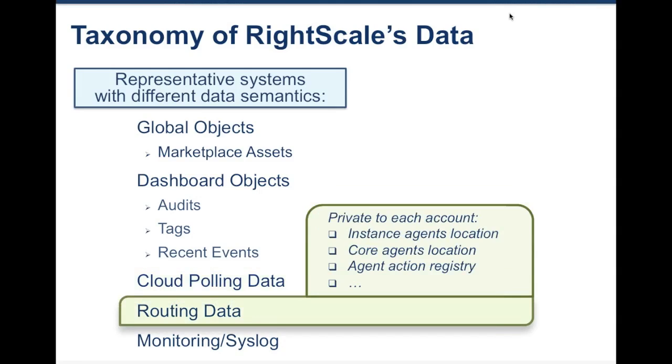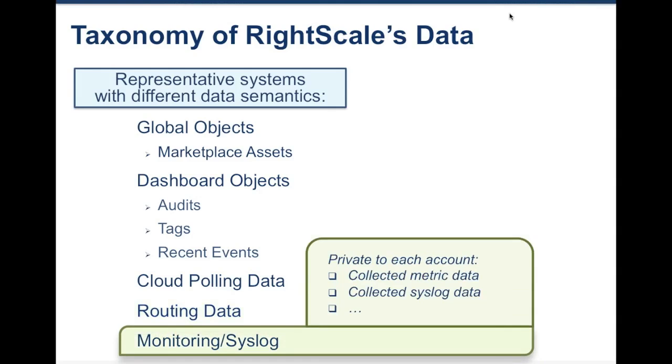Going back to the routing data that has to do with the messaging infrastructure that we build in order for instances to communicate with each other, this data also has its own characteristics. And finally, monitoring data is produced by the instances in massive quantity, but is consumed by users maybe sporadically, when you look at your instances and try to see the status of the different metrics and make decisions about them.